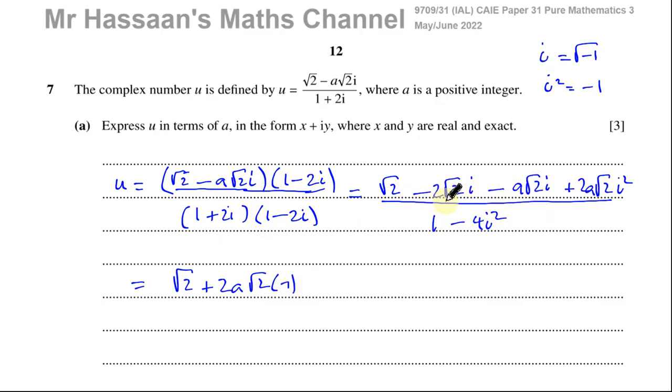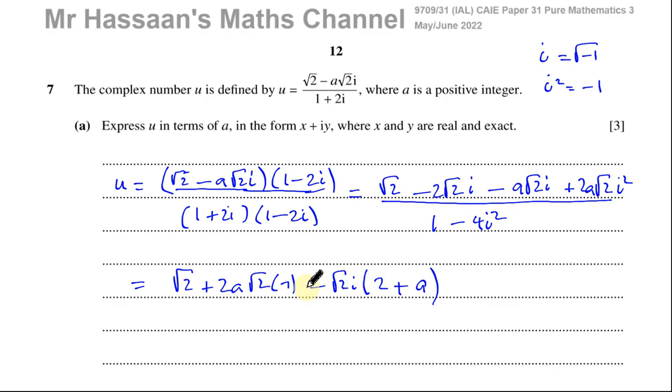If I look at what's common, I'm going to have minus root 2 times i, times 2 plus a. In fact, it has to be plus a because minus times plus is minus. So it will be minus root 2, minus 2 root 2i, and minus a root 2i. Okay, good. That seems to be fine there.